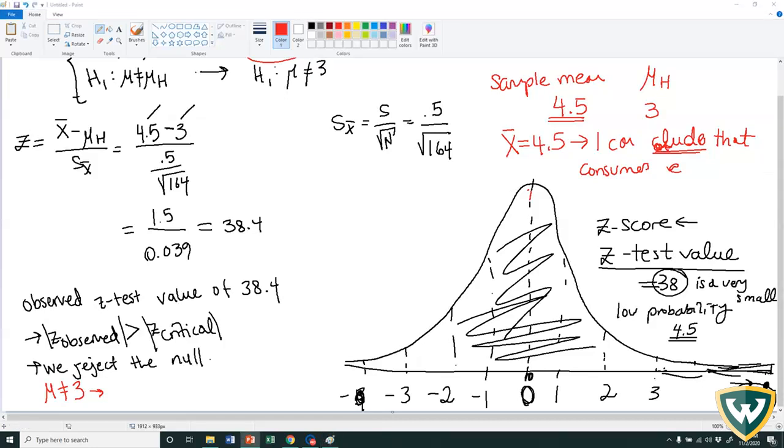But I will actually also talk about a couple of other methods that we could come to this conclusion, one being the p-value and the other one being the confidence interval approach. And I will talk about those two approaches for your information only. The p-value approach is going to be very useful when we are running SPSS analyses.